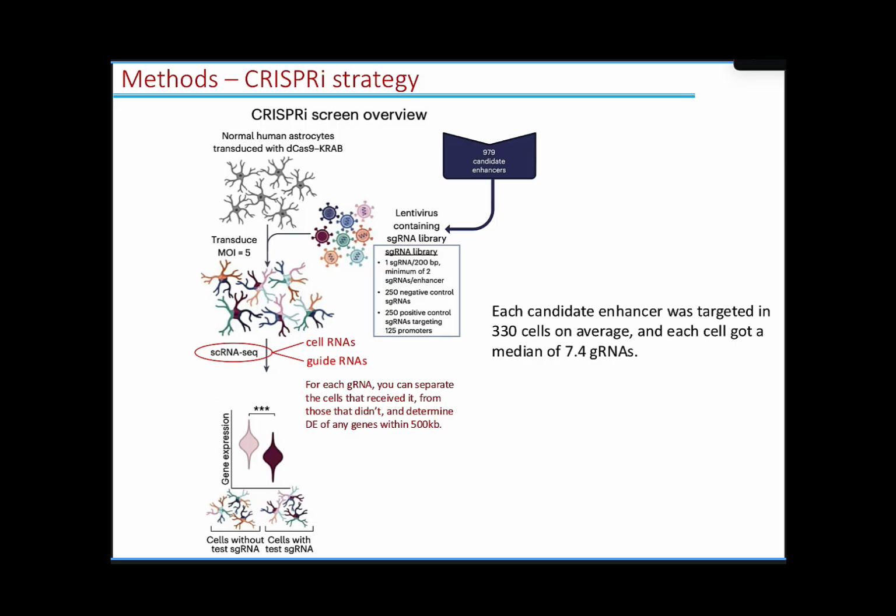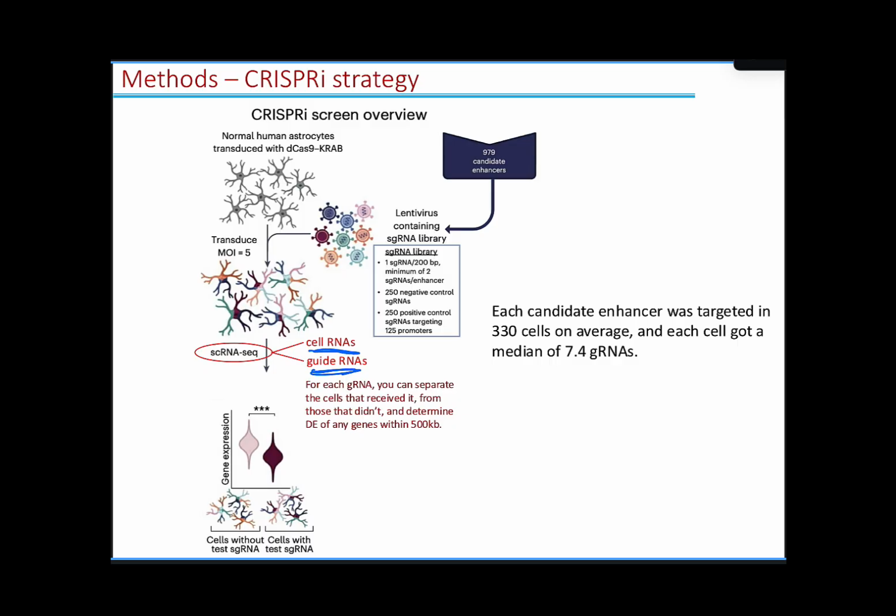When you do RNA sequencing, you accomplish two things. First, you look at all of the RNAs that were present in those cells and in what amount. But also, you look at what guide RNAs they had acquired through lentiviral infection. So you now know what enhancers were being targeted and what happens to the genes in those cells.